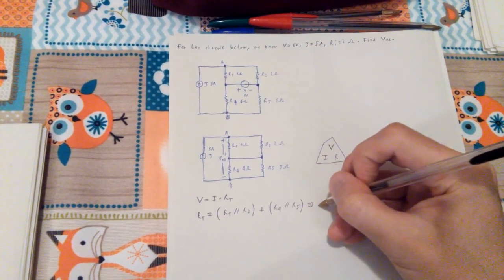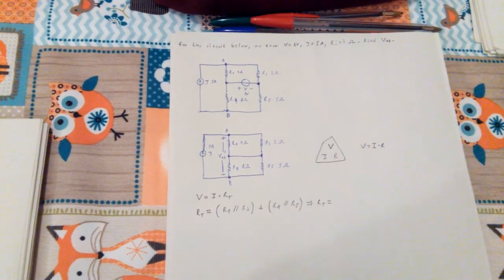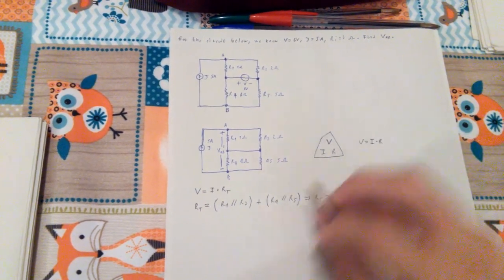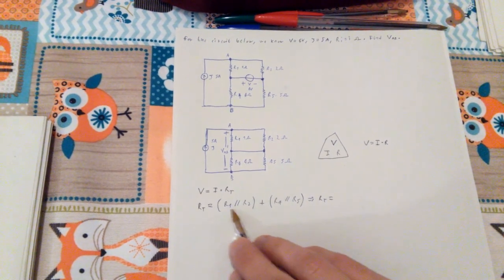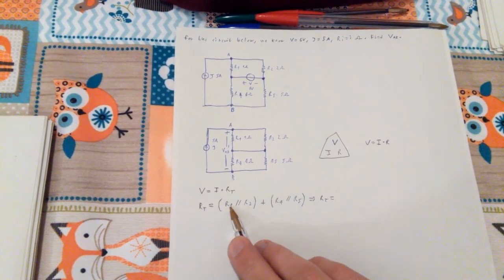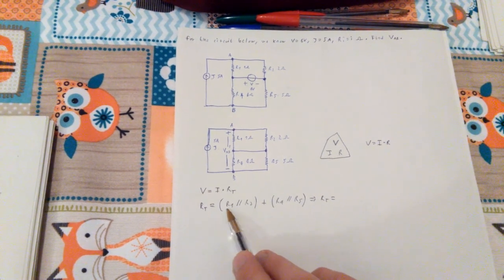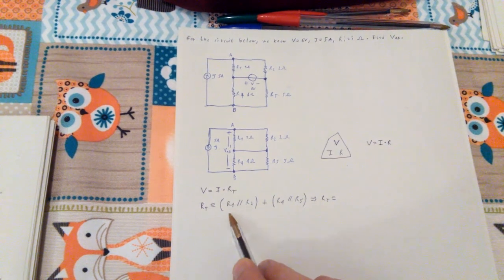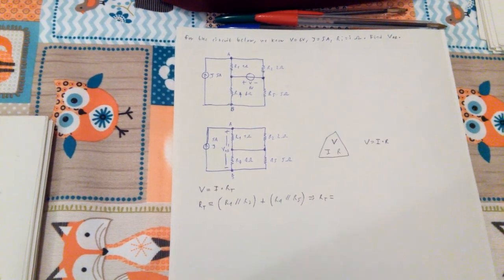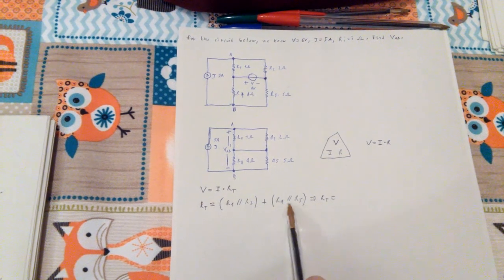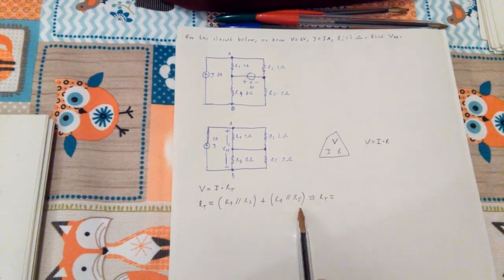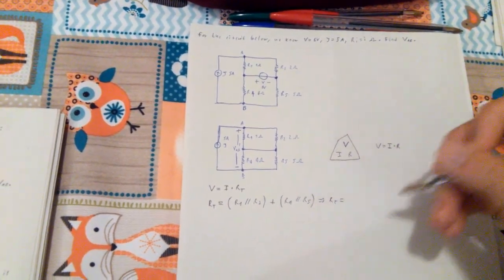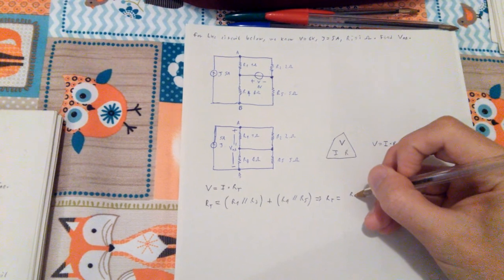So RT, remember when you have the parallel, you multiply those two numbers and then divide by the sum of these two numbers. And again, here you have to multiply R4 times R5 divided by R4 plus R5. Let me make one more step just to make it clear.